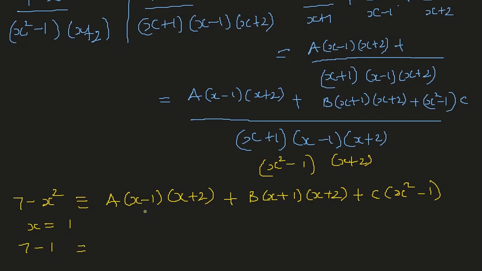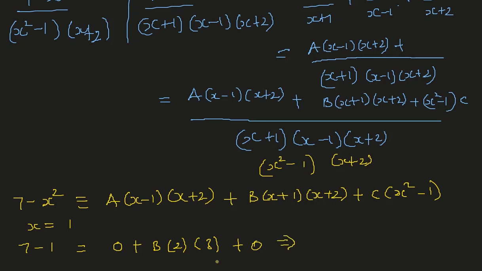When we put a 1 here, this would go, so we have a 0 plus, substitute a 1 here, this will be b into 2, 1 plus 1, then into 3, so 1 plus 2, plus this will be a 0, because when you put a 1 here, this will be 1 minus 1, which is a 0. 0 times c is 0.